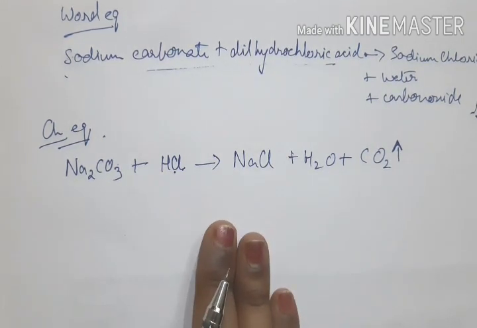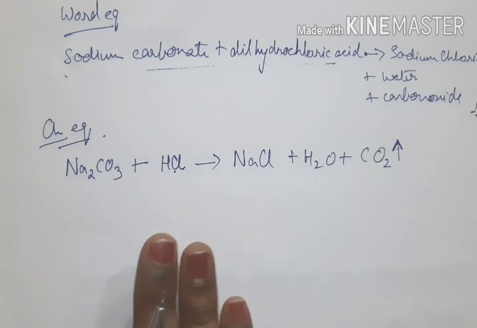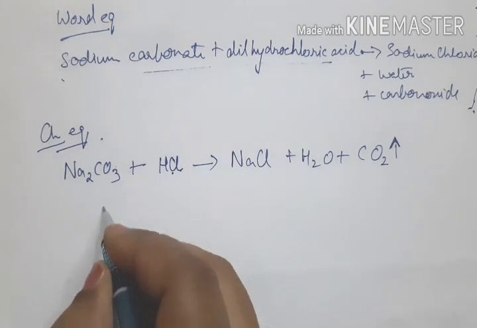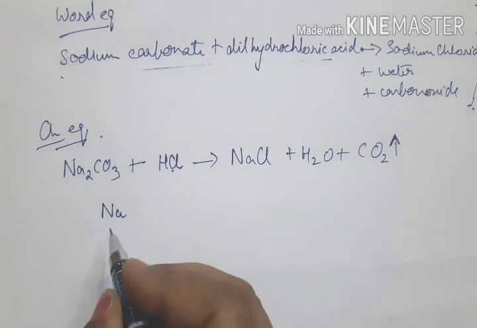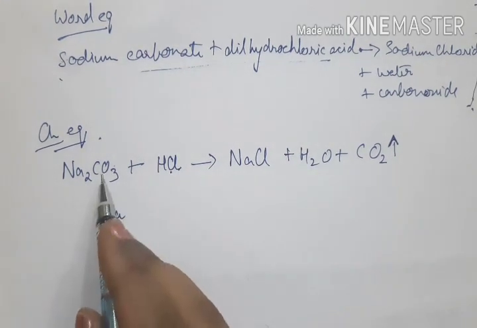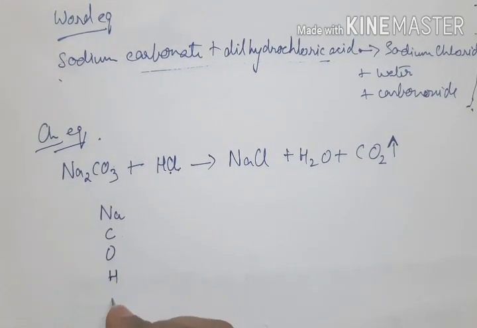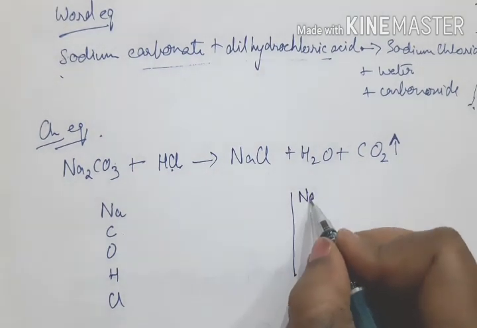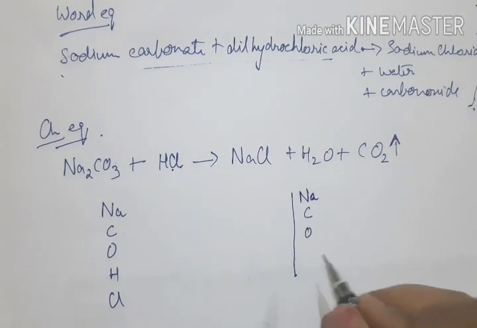Now the important aspect here, we have to see whether this chemical equation is balanced or not. So we write down the names of the elements one by one: sodium, carbon, oxygen, hydrogen and chlorine. On the other side, we copy down the same sequence of elements.